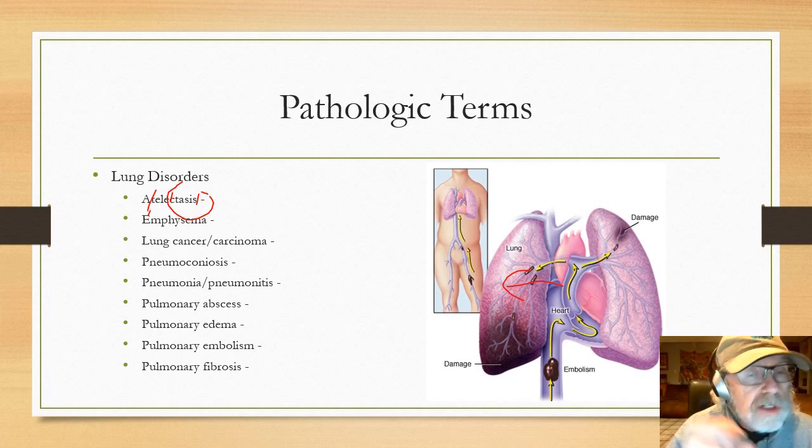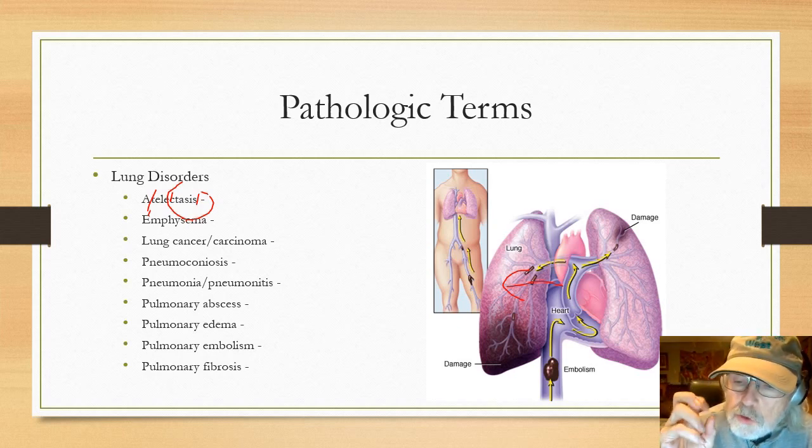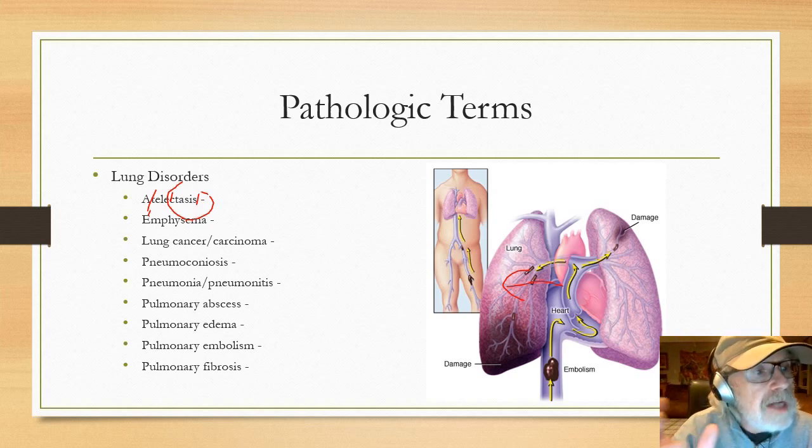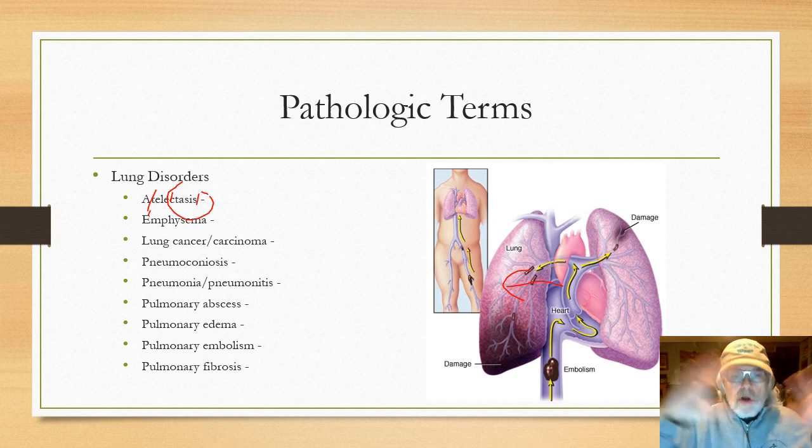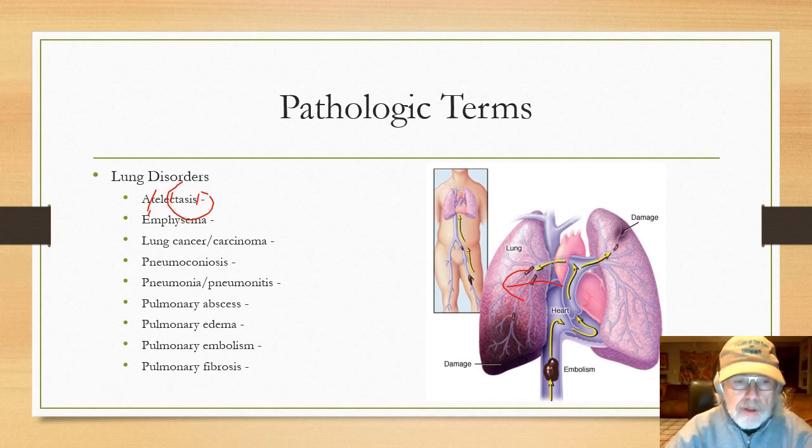Sometimes little tumors will form inside the lung, which are non-malignant, or a better way to say it would be benign tumors, or it's sometimes just because it's dust and it goes all over the place. It involves the entire lung. People with black lung, the whole lung looks black when they take it out. So that's pneumoconiosis. It's an inflammation and a destruction of the lung by inhaling dust particles.